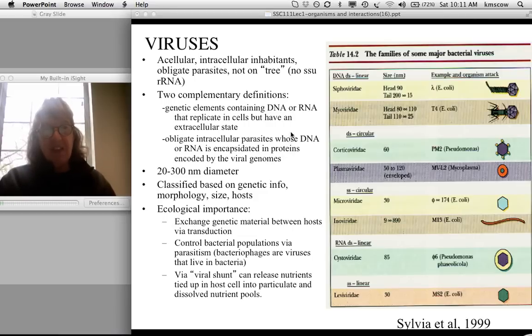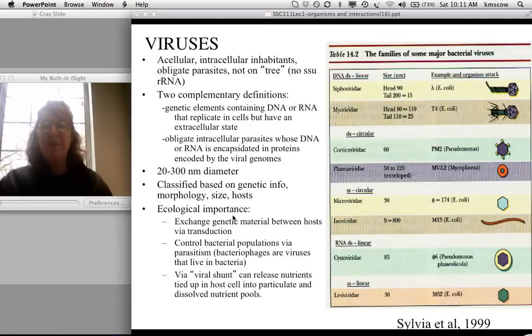Again, we're not going to spend a lot of time on them. They're very small, but very present in soil, 20 to 300 nanometer diameter. We classify them based on their genetic information, their morphology, their size, and who their hosts are. And here's some of the major families of them for your viewing interest, but not to worry about too much in this course.